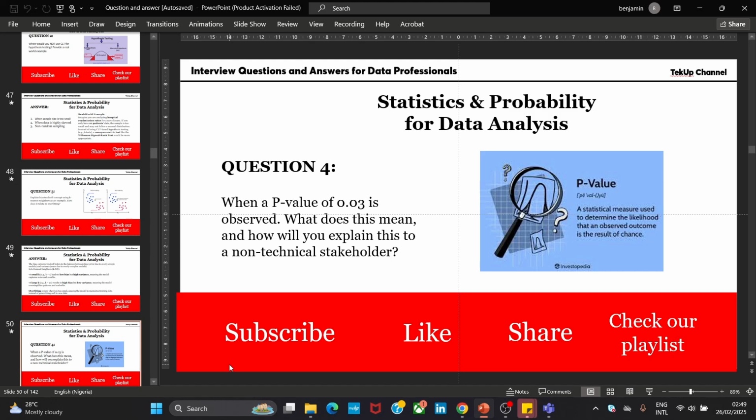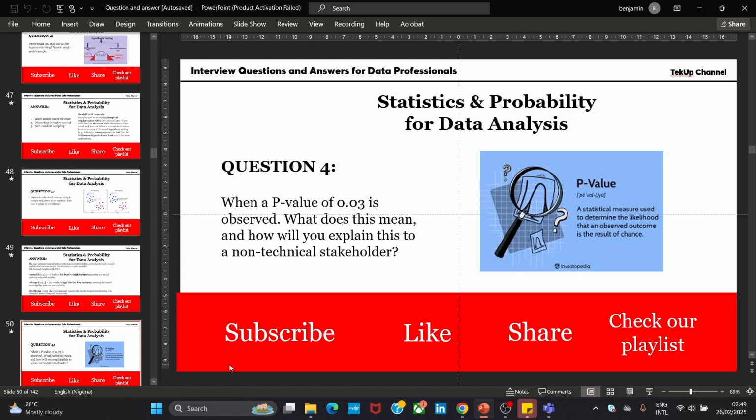Now, when we have a p-value of 0.03, it shows strong evidence against the null hypothesis. So, we would have to reject the null hypothesis.